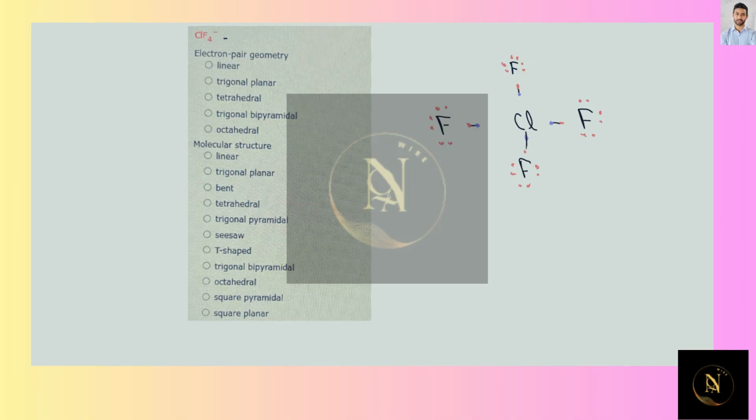I'm going to put them in purple just for you to be able to identify them. We have 1, 2, 3, 4, and we're missing three electrons from the chlorine plus the one corresponding to the negative charge over here. So this would be our Lewis structure.